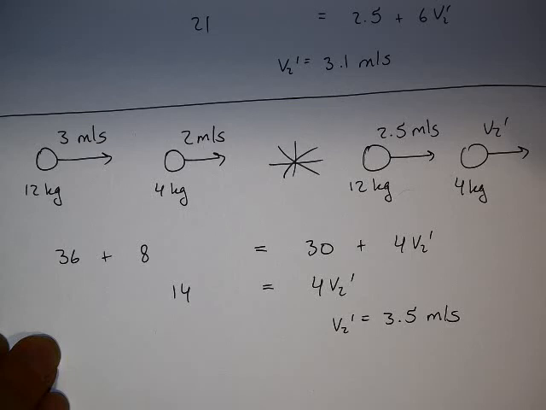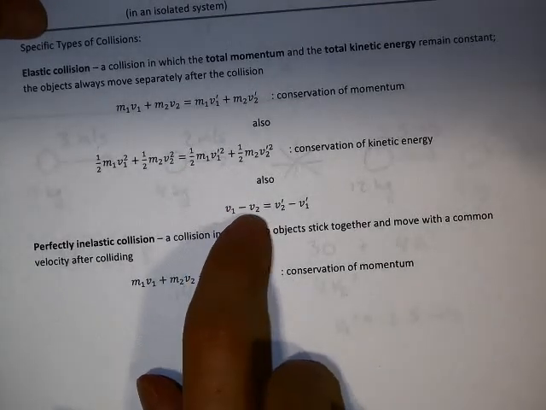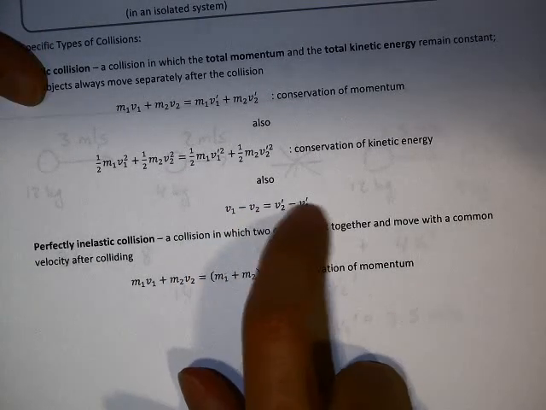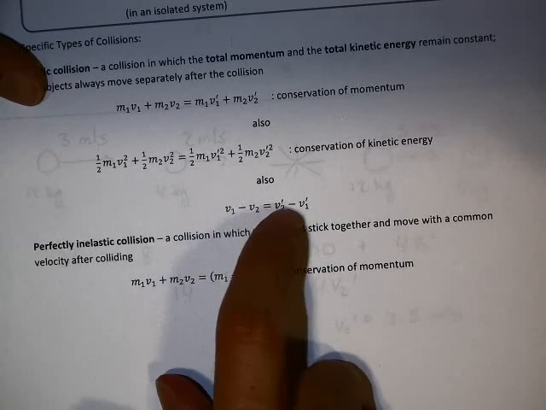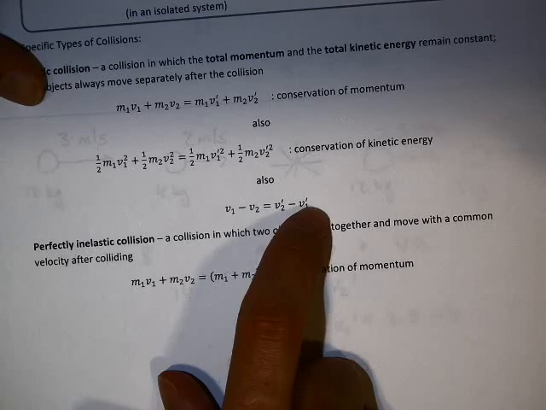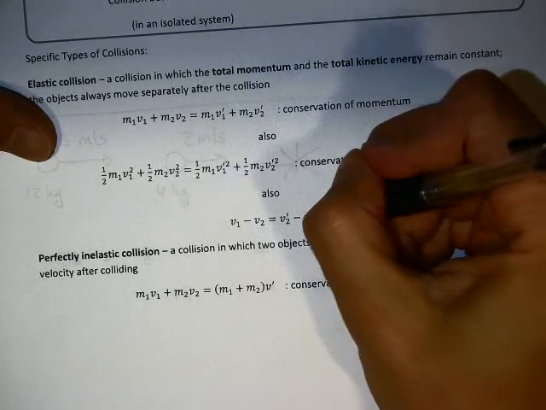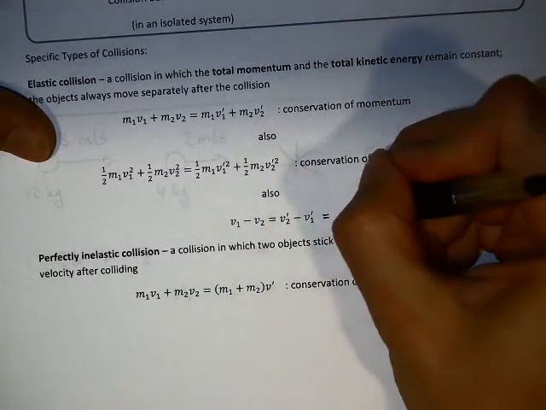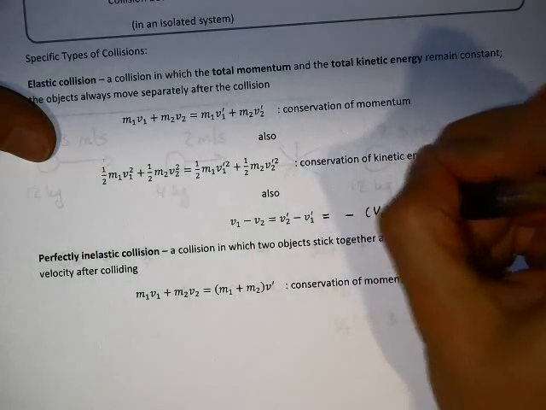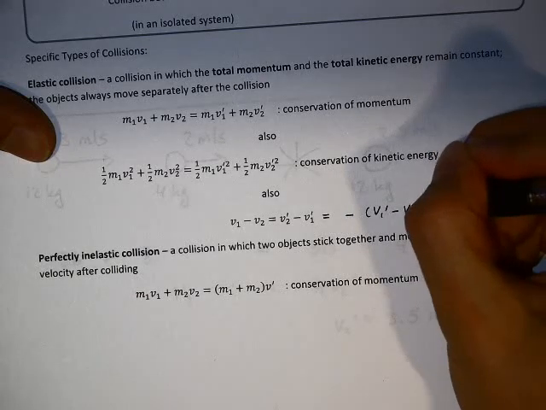Now this was an elastic collision, and we said earlier that in elastic collisions, the difference between the velocities prior to the collision is equal to the difference between them after, with the sign change, because this is object 1 minus 2 and this is 2 minus 1. We could also write this as negative V1 prime minus V2 prime.